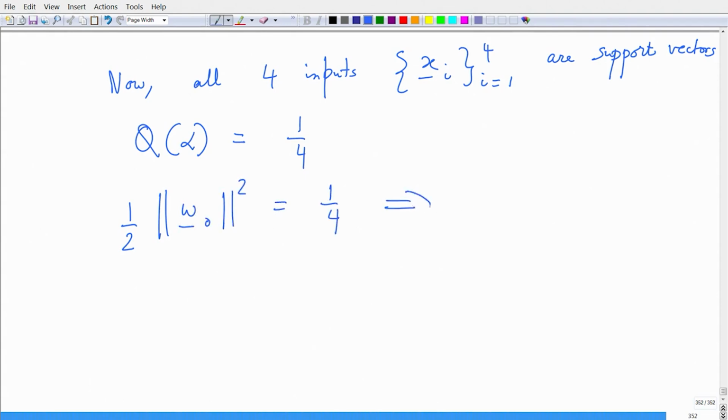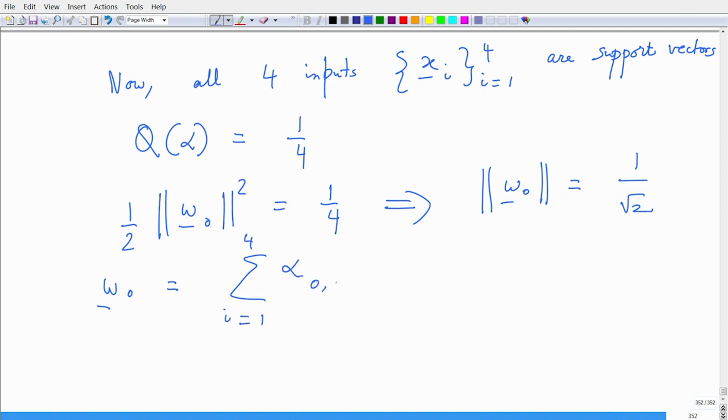This implies norm of the optimum weight vector is 1 upon root 2, and with this I can plug in the optimum to solve for the optimum value of W naught, which is the sum over i equals 1 to 4 of alpha optimum i di phi of xi.